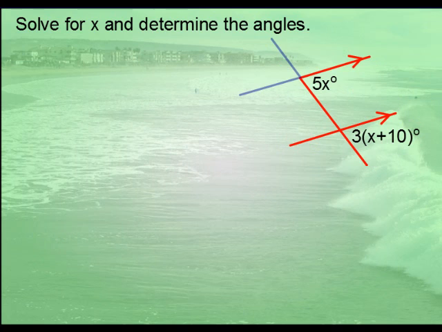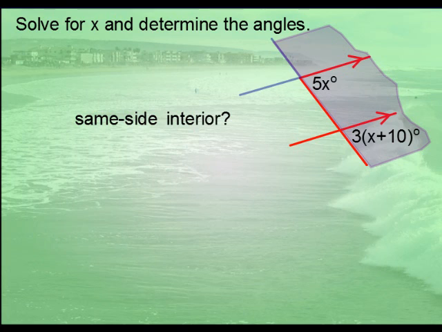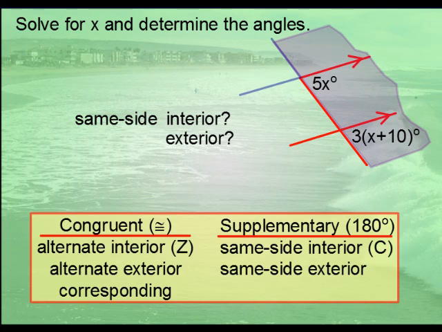Let's try to identify these 2 particular angles. You'll notice that both of these angles are on the same side as the transversal, namely this side. So that helps us with our identification. Another thing we need to consider is this. Are they interior angles? Or are they exterior angles?